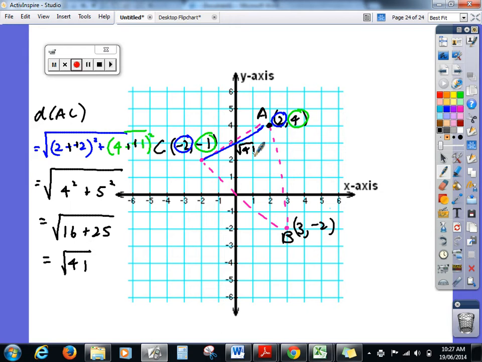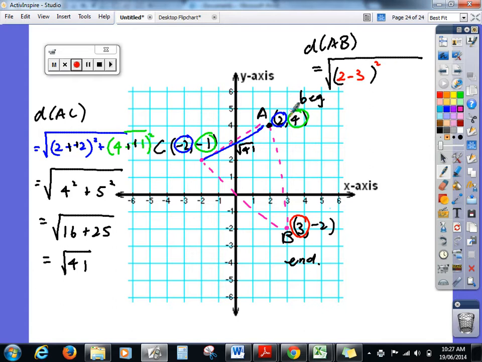Now, the next one here, try and find AB, so distance AB, will equal, you write down the formula again. Now this time, once again, we'll call this the beginning, and this is the end point. So it makes it easier that we keep this order of the points the same. So the first bracket is subtract the x's, so it's 2 take 3 squared.